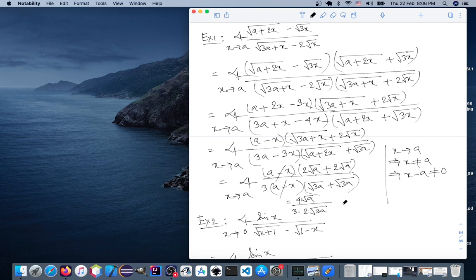So it becomes 4 root a divided by 3 into twice of root a. So 2 root a gets cancelled, and we are left with 2 divided by 2 gets cancelled, and 3 root 3.